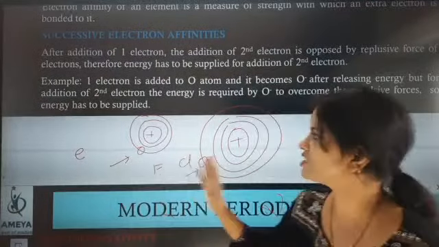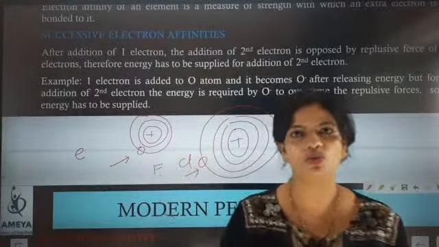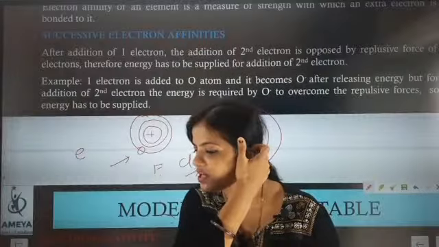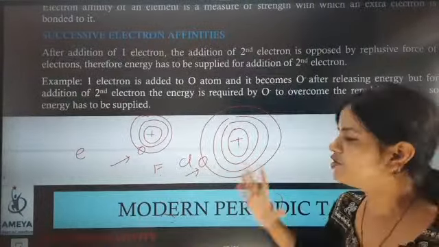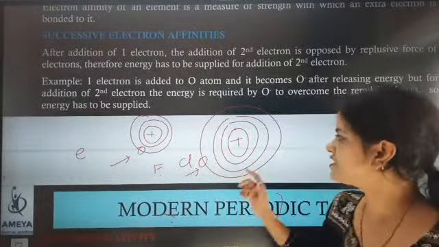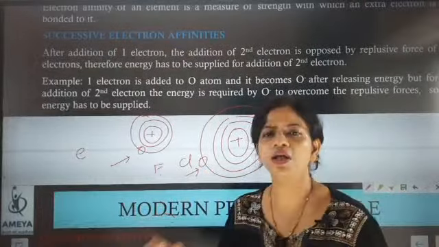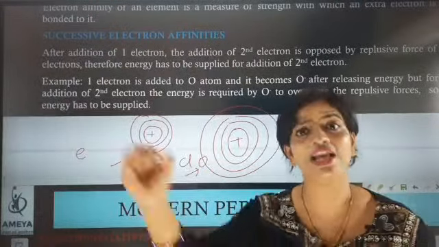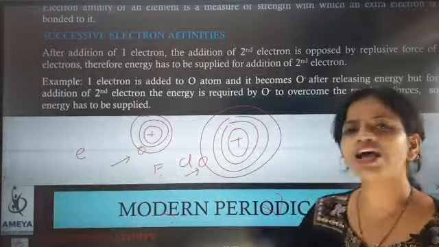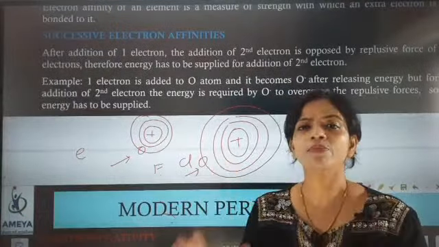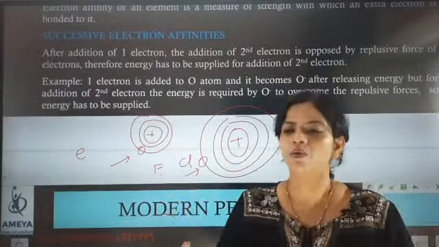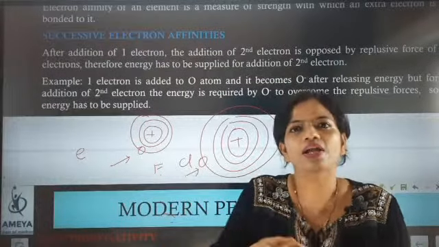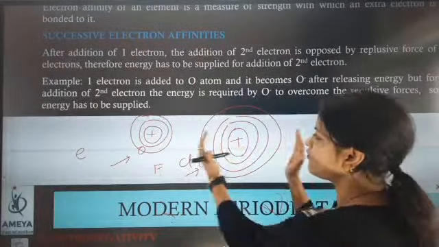I have not mentioned this point about chlorine and fluorine, so please note it down. It is the most important point of this section. Chlorine has more electron affinity because it can nicely compensate the electron repulsion because of its bigger size.